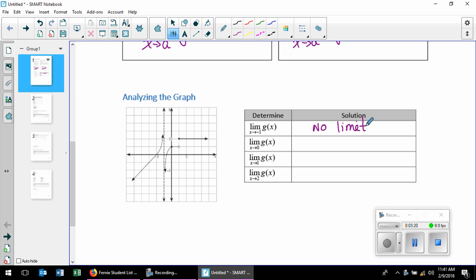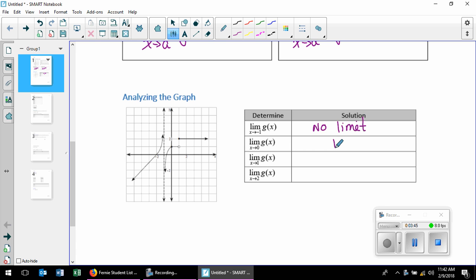Two different places, so we say that there's no limit. Okay? If we say g of x approaching 0, so it would be 1, because the right-hand side is approaching 1 and the left-hand side is approaching 1. Nice and easy when there's a dot there.